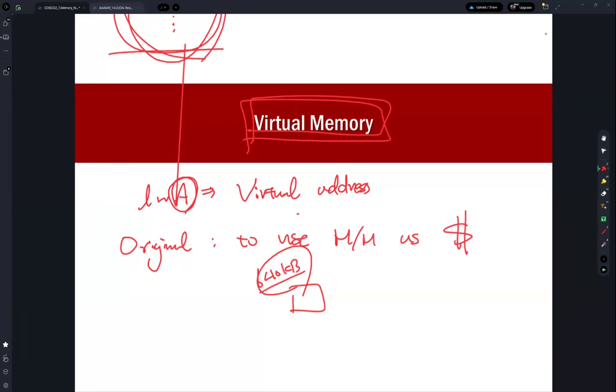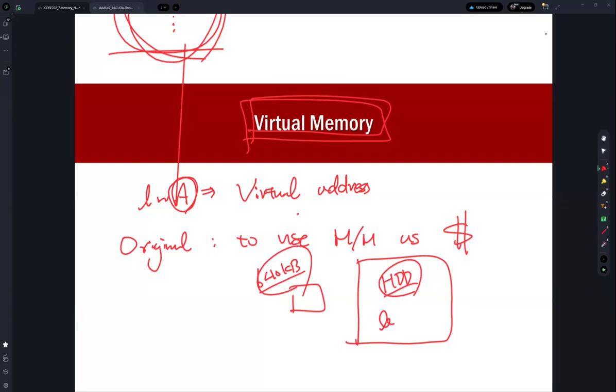But the hard disk drive is a storage device, and it was cheaper. It's still cheaper than the main memory, and it also has large space, right?